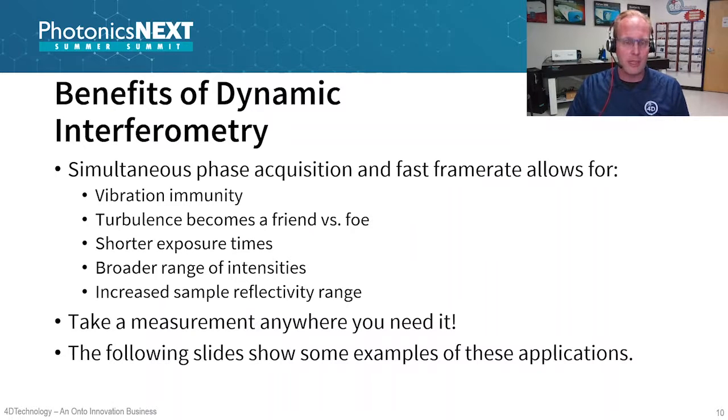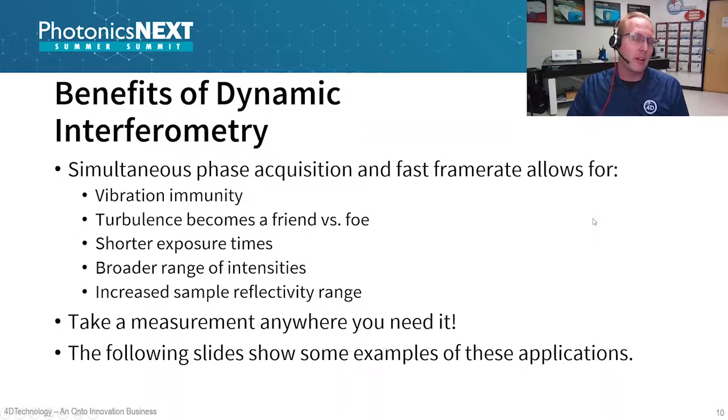Along with that, because of those short exposure times, you also can measure a broader range of intensities. So you can measure on highly AR coated components, highly reflective components, and there's no degradation in the performance at either of those ranges. The reflectivity range is increased as well.